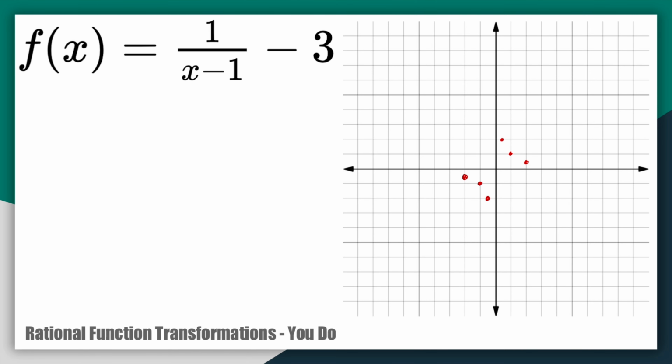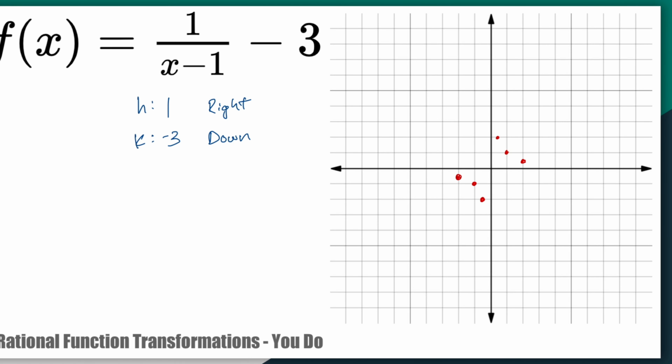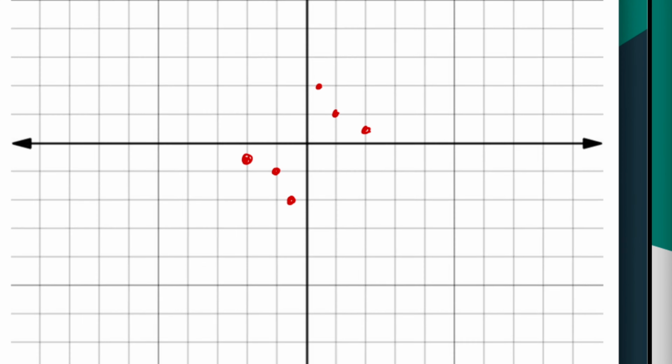So, we're only really looking at those vertical and horizontal transformations. So we see we have an h of +1, because there's also a -1 here. So we're going right 1. And we have a -3 for k. So we're going down 3, okay? So all I'm going to do is go to these points. I'm going to go right 1, down 3.